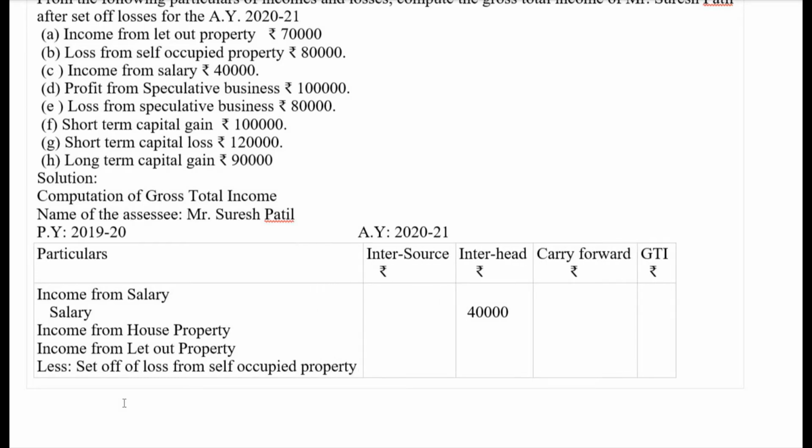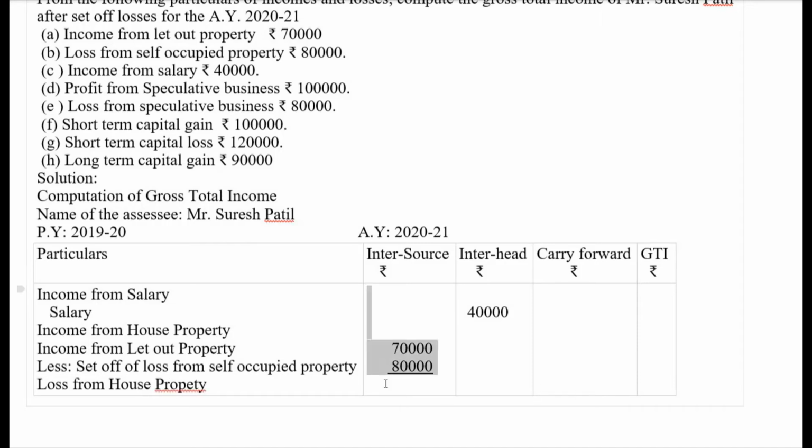So now let us take the values. Income from LOP is rupees 70,000, whereas loss from SOP is rupees 80,000. Let us underline this. So here we'll have loss from house property, that is rupees 10,000.